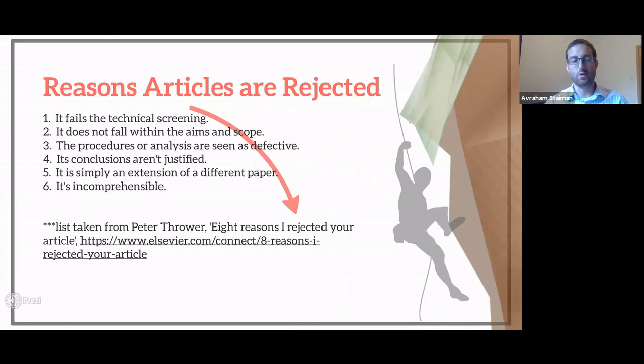What that will do for you, A, is it'll give you a feel and a sense for the particular journal, and B, it will give you an idea of what sort of articles are being written. And theoretically, if this journal is where you're submitting to, and it's obviously relevant to your research, you probably should have been reading those volumes anyway.